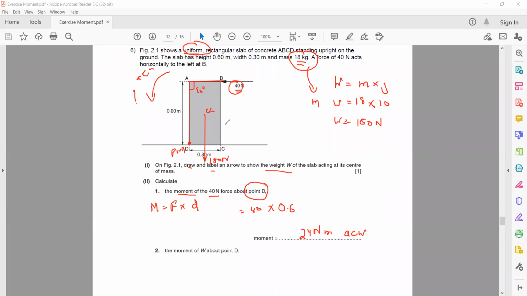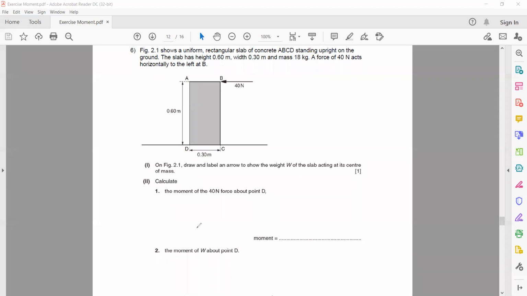Is it clear, the first part, how to calculate the moment of 40 Newton force about point D? From point D, we took the perpendicular distance between force and pivot. That is 0.6, and 0.6 multiplied by 40, we got 24 Newton meter anti-clockwise.